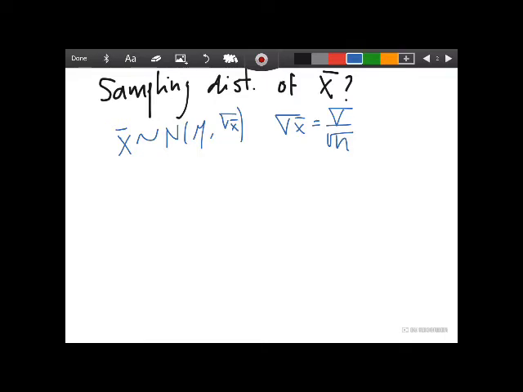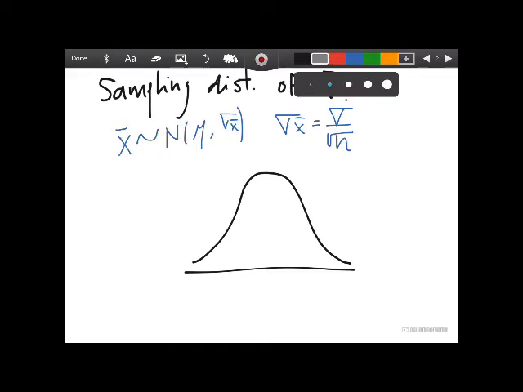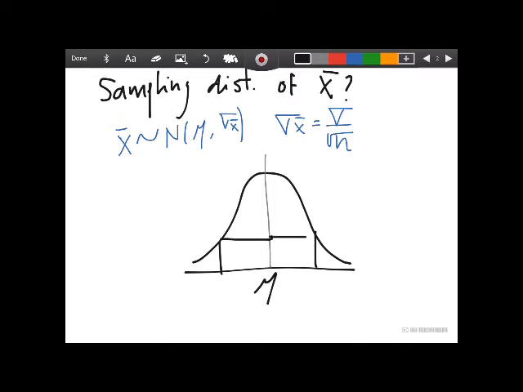So we can rely on that information to say that if we have the normal distribution with its center at mu, then with 1.96 standard deviations, the margin of error equals 1.96 standard deviations, so 1.96 sigma x bar.